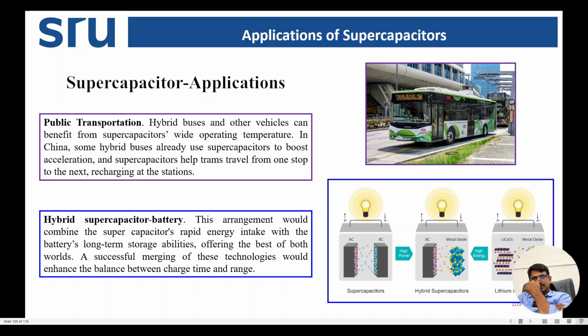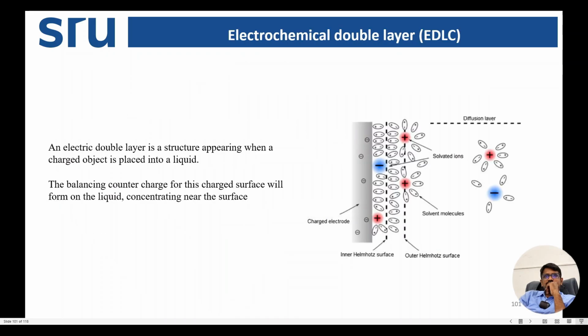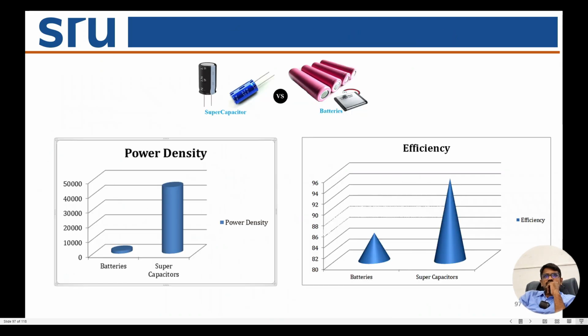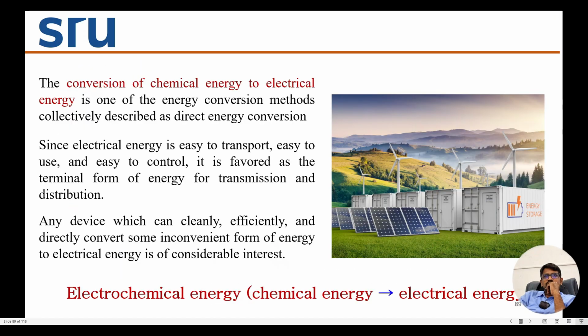The supercapacitors can deliver wherever high acceleration is required, and batteries can provide storage of more energy. These are the applications of supercapacitors. So this is about today's session. I just wanted to take you through all the slides.